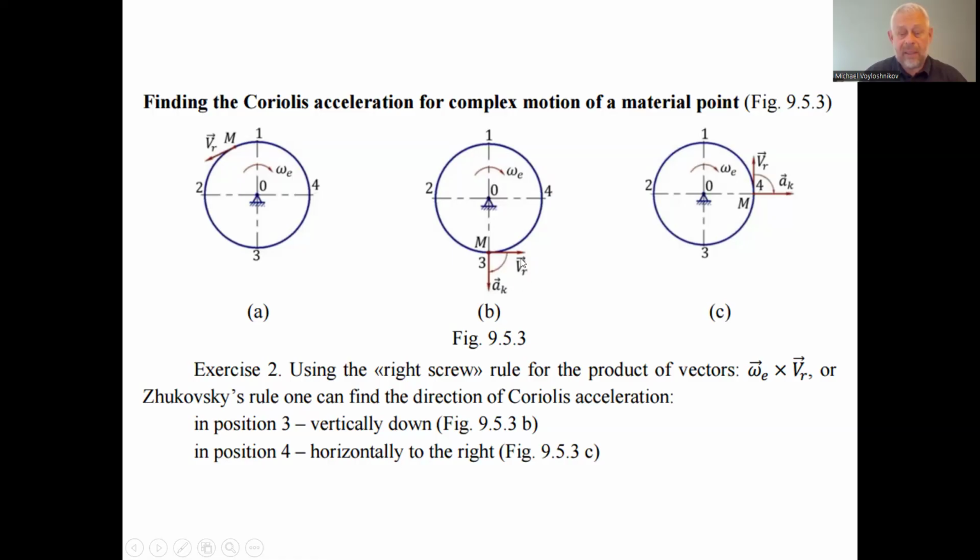The projection on the plane of the relative velocity is equal to the definite magnitude, because it is in the plane perpendicular to the direction of the transfer angular velocity. Then we do the second step, according to the Zhukovsky rule: rotate it in the direction of the rotation by 90 degrees. So we will have the direction of the Coriolis acceleration. In the horizontal position on the right, we have the same.